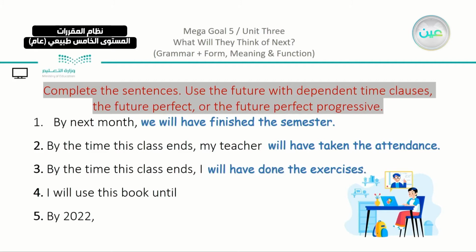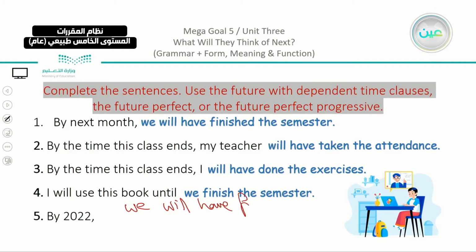I will use this book until we finish the semester. Here, just to note, "we finished the semester" is correct, but we are asked to use the future perfect. So that's why I'm going to change it and use "by the time," or "I will use this book until we will have finished the semester."